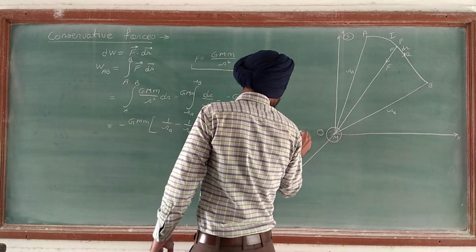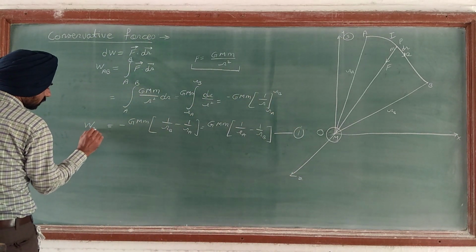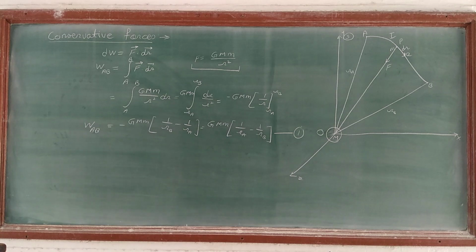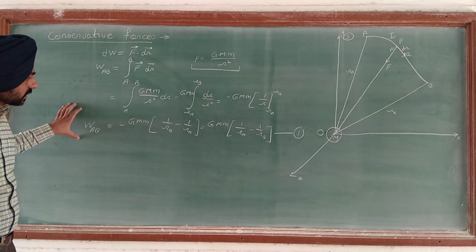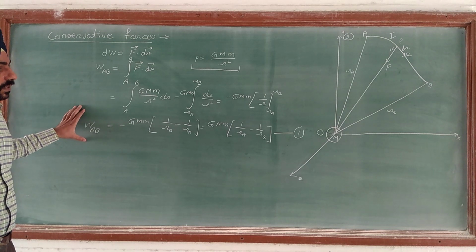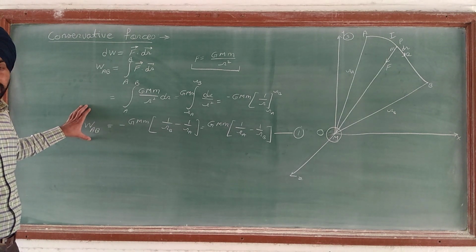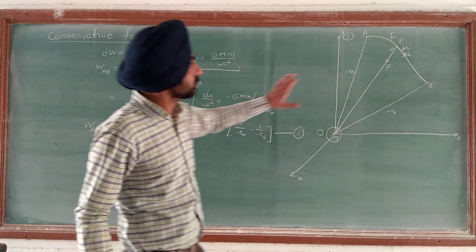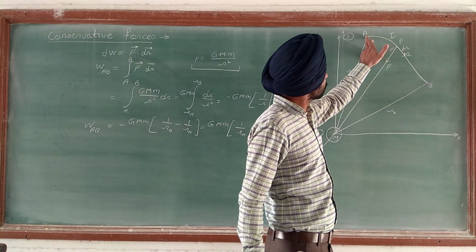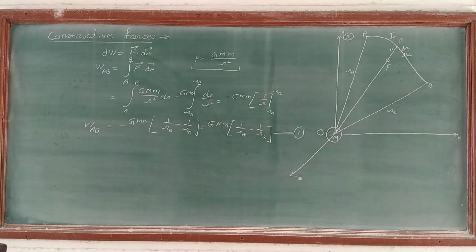Let it be expression 1. This is W_AB. Or we can say that a force is said to be conservative if the work done by the force in moving a particle from one point to another point is independent of the path followed but depends on the initial and final position.